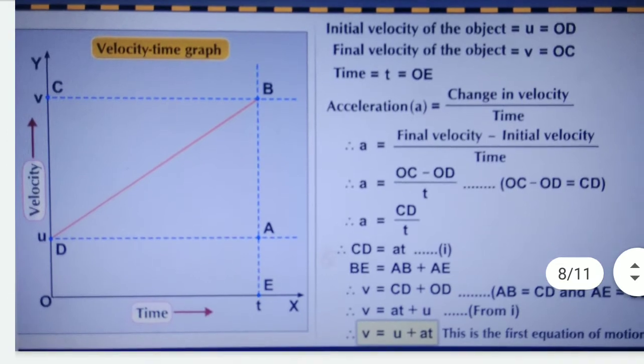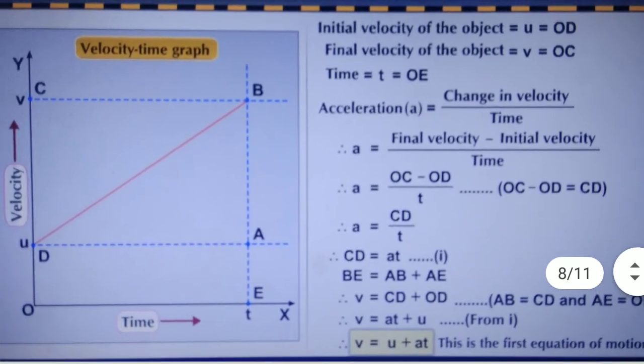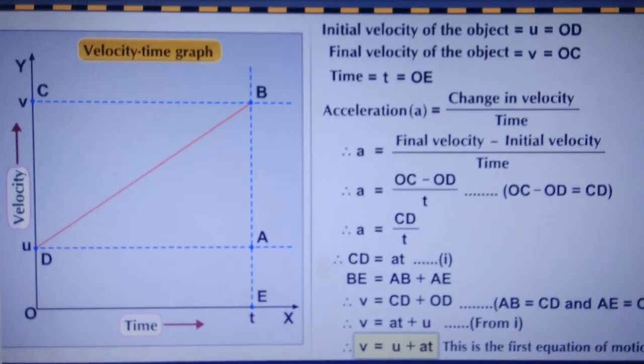We learn the formula to find the acceleration. We know acceleration is the rate of change of velocity. That is, acceleration is equal to change in velocity upon time. That is, a = (final velocity minus initial velocity) divided by time. Therefore, by putting the values of u and v, we get a = (OC minus OD) upon t.